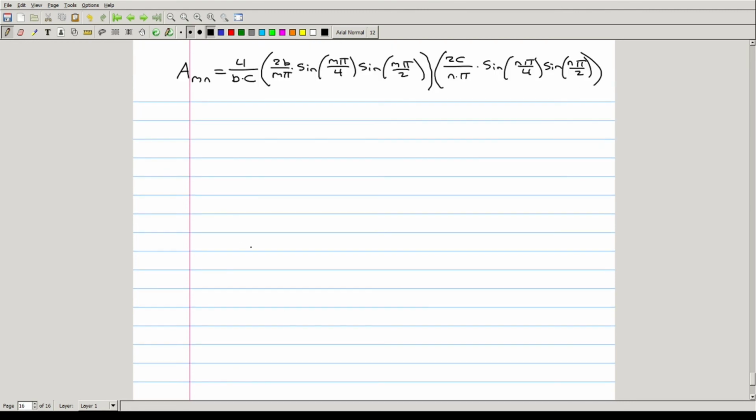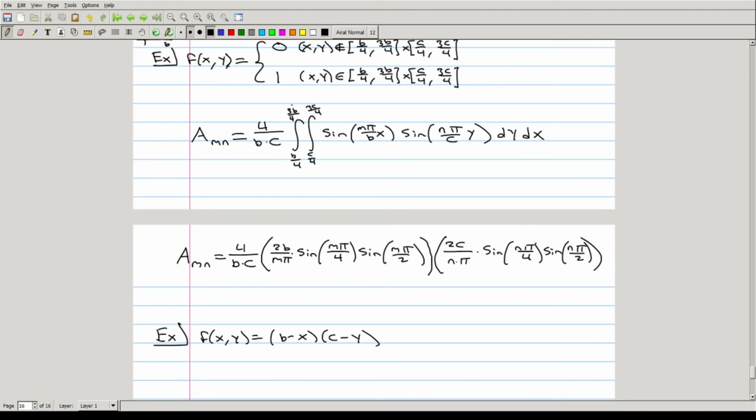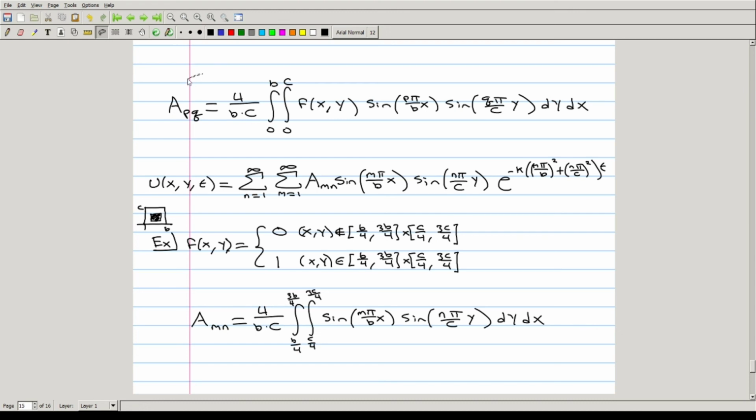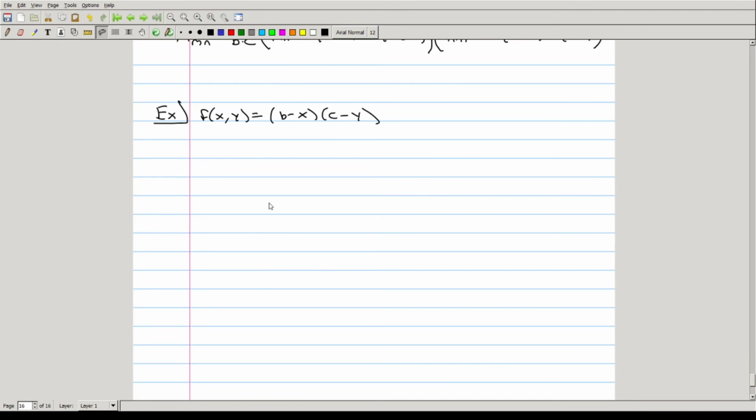So another good initial condition to try out, just to make sure that everything's going smoothly. We say f of x y is equal to b minus x times c minus y, which gives you a slightly different integral when you go through and evaluate the coefficients here. We get the double integral of the function b minus x times c minus y.